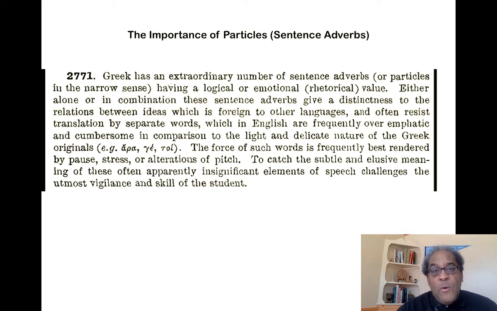Either alone or in combination, these sentence adverbs give a distinctness to the relation between ideas, which is foreign to other languages, and often resist translation by separate words, which in English are frequently over-emphatic and cumbersome in comparison to the light and delicate nature of the Greek originals, like ara, ge, toi.